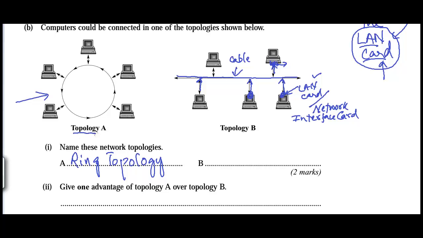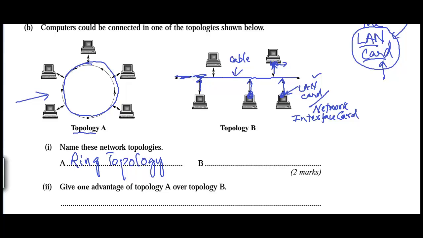By the way, topology means how the computers are physically connected together. The arrangement in which these computers are physically connected together is called the topology. In this diagram we can see that there is a ring shape to which all the computers are connected. So therefore this is called a ring topology.